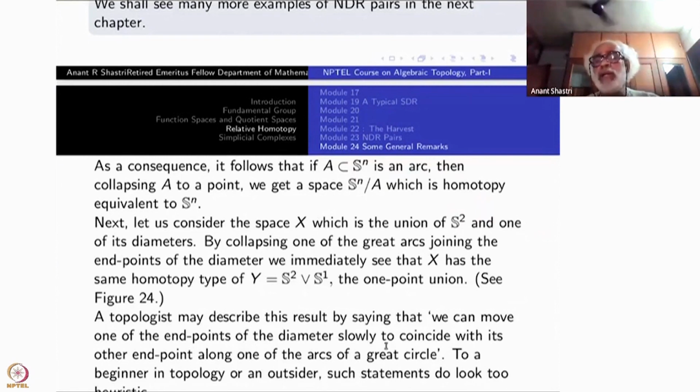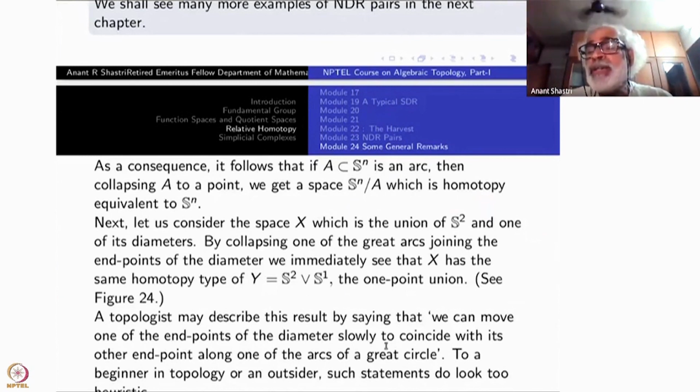But if you do anything in between, they are all of the same homotopy type. In fact, in between stages are all homeomorphic to each other. The end result is not homeomorphic because the two endpoints of the diameter have come together, right?